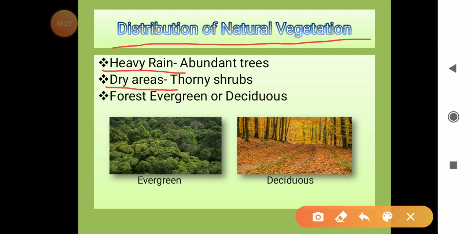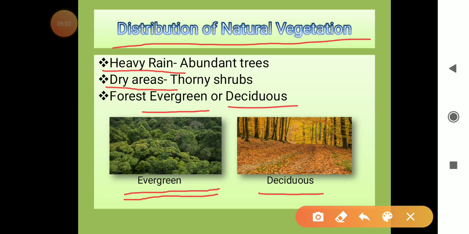Depending upon when they shed their leaves, the types of forest are evergreen and deciduous. Evergreen forests do not shed their leaves all at the same time. Hence, they always remain evergreen. So, that you can see in this picture. So, this is the picture of an evergreen forest. Next, deciduous forests.